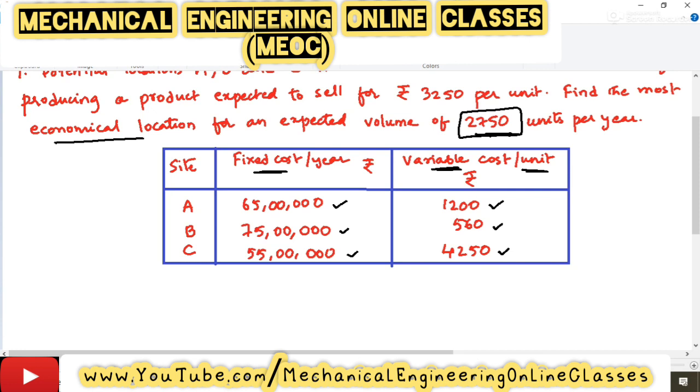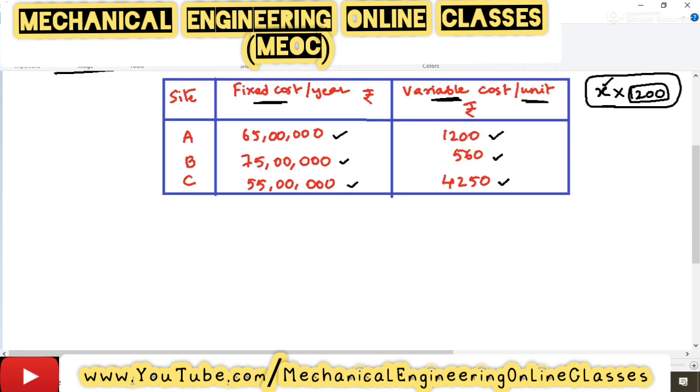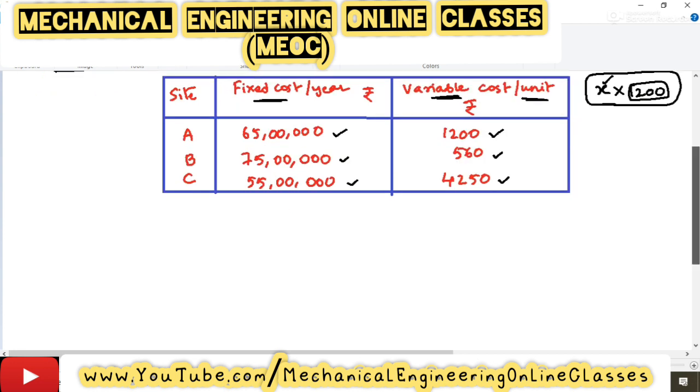So if you are manufacturing X number of units of product, then you have to multiply X by the variable cost, which is 1200 for site A. So the total variable cost will be the variable cost per unit into total number of units that we are producing. So for each and every site, we will first try to find the total cost.